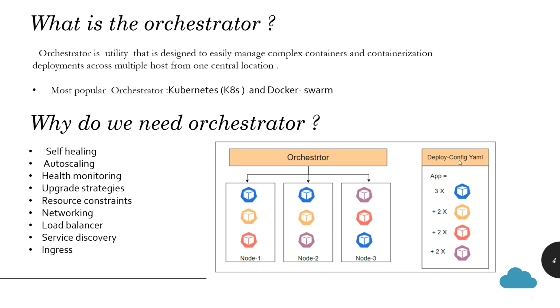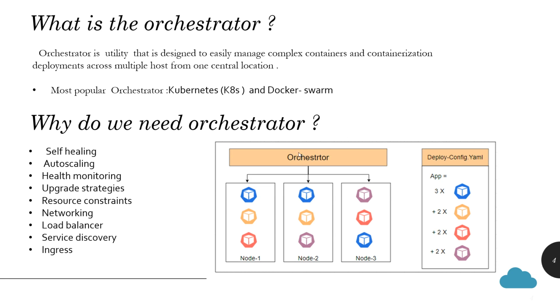We give the configuration file, a YAML file. YAML is a declarative language, similar to JSON, but it's not JavaScript Object Notation. It's a declarative, human-readable data serialization language. It works based on indentation. We will go through the YAML file as well.